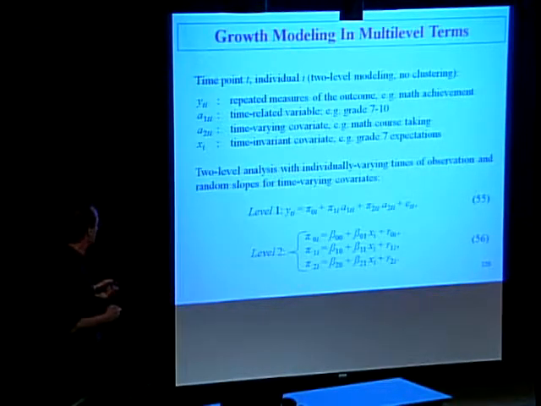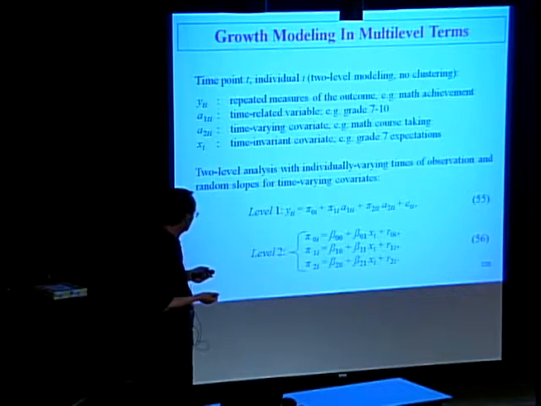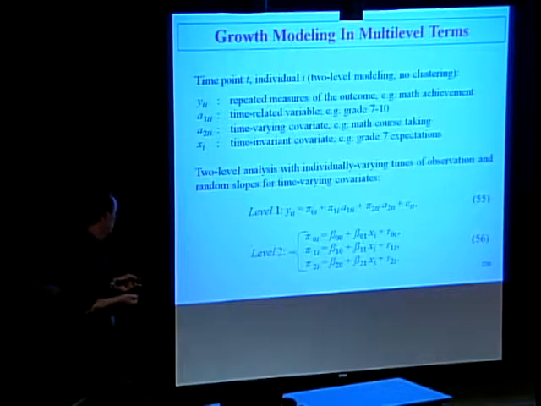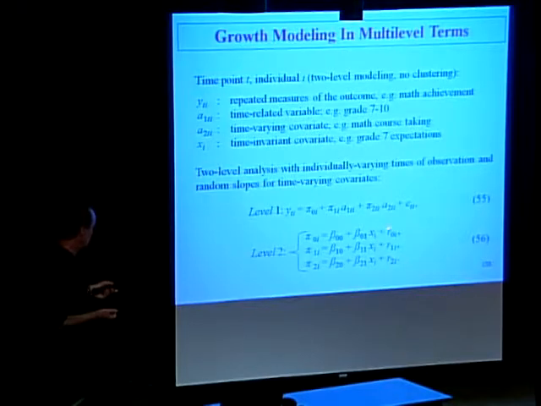And X is the time invariant covariate, so that's what we used to call W, and it sits down here in equation 56 on level 2, where the three random effects variables, pi 0, pi 1, pi 2, are linearly regressed on X with intercept and slope and a residual that the multilevel text calls R. And all of those three R's can be correlated.